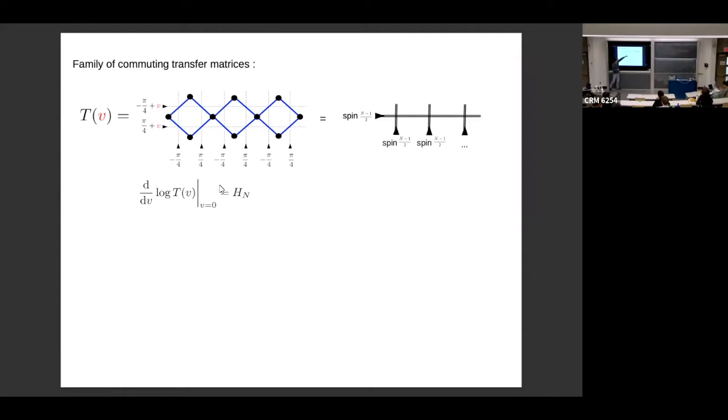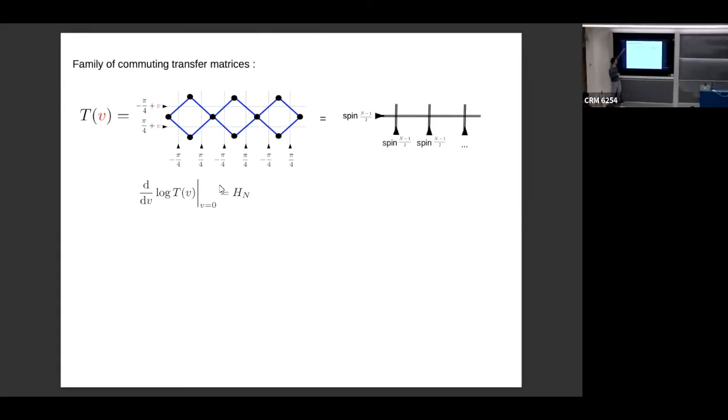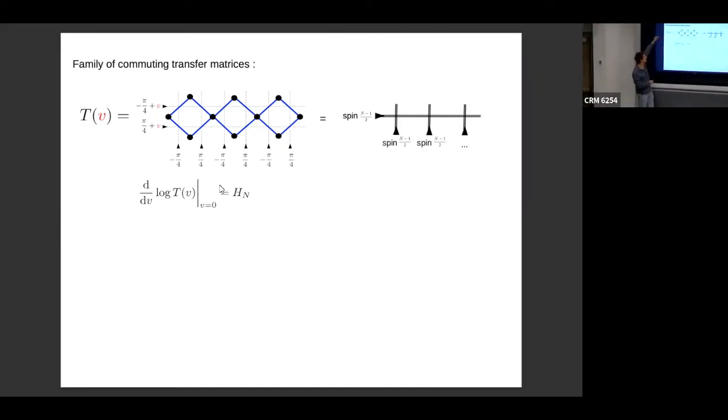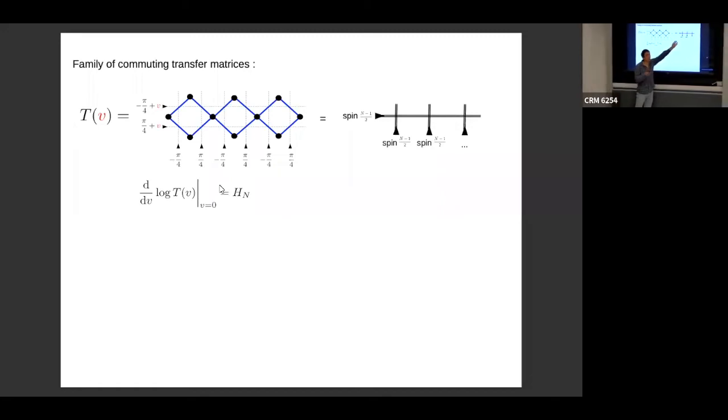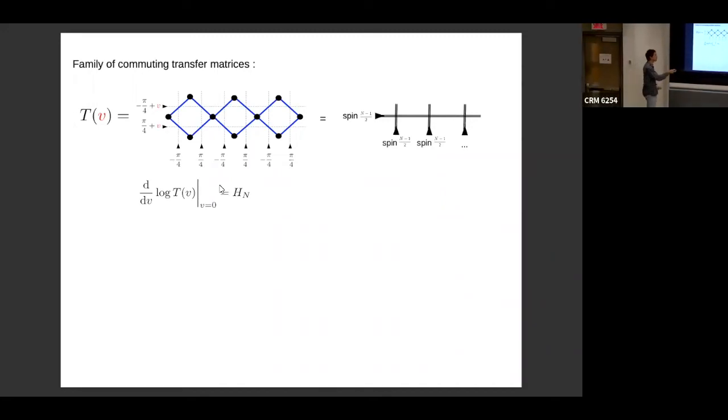These are fixed, and these have some free parameter V, and so transfer matrices for different values of V commute. And we recover from there exactly what I showed you before, the integer or half-integer spin transfer matrices, which you can build from the quantum group. And in particular, if you take the first log derivative with respect to the spectral parameter, then you recover Hn.